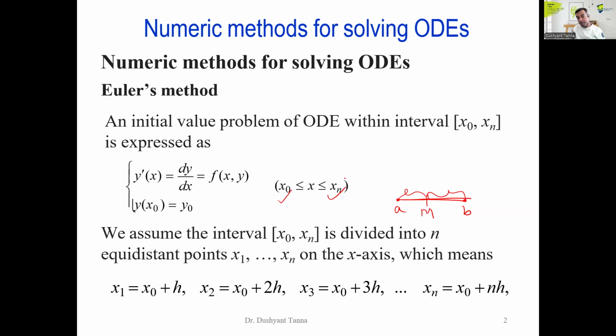Now we will equally divide it in how many parts? n parts, right? So how will it look? They start from x0, go up to xn. You got x1 here, you got x2 here, x3. The last is xn, prior to that is xn minus 1, and in between some part. Now, they are equally spaced. If not, then there are different approaches available, and we don't deal with them in Euler's method.